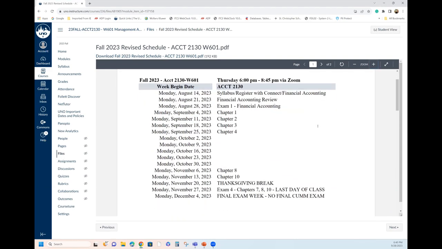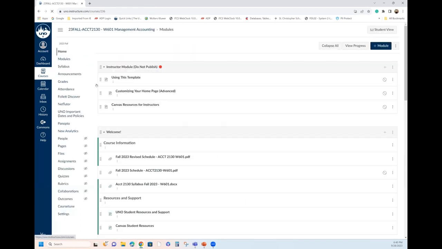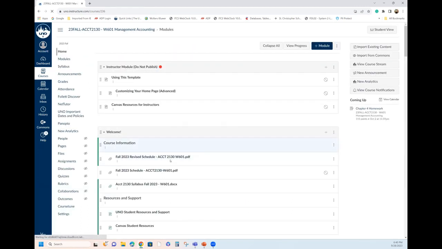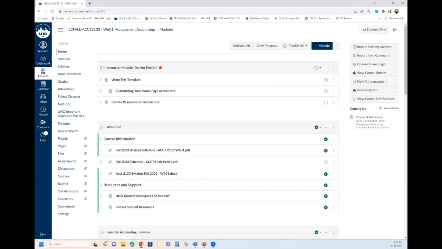I don't know why it doesn't have anything here. That's weird. Does yours look like that? Yes, it's blank right there. It is blank. Okay, so I'm going to have to repost it, because obviously you can't follow the schedule if it's blank.